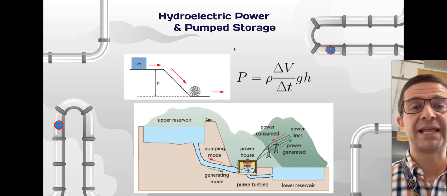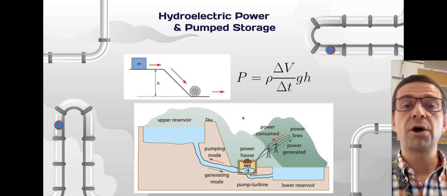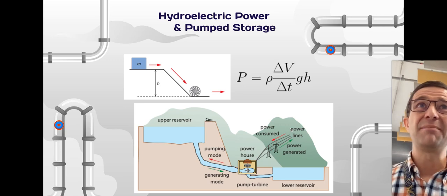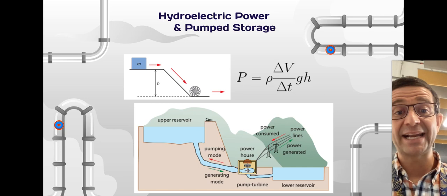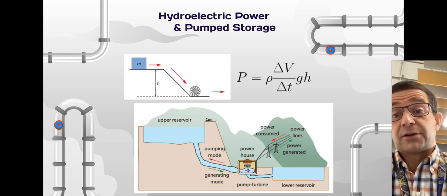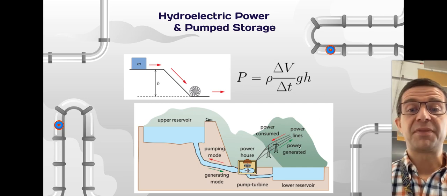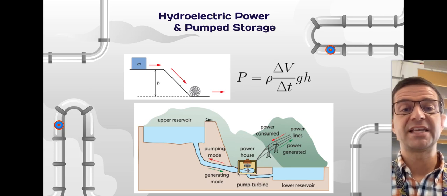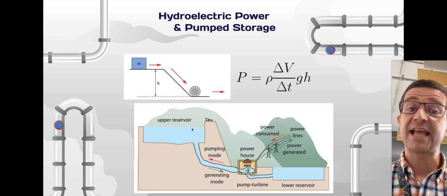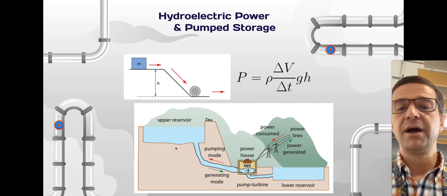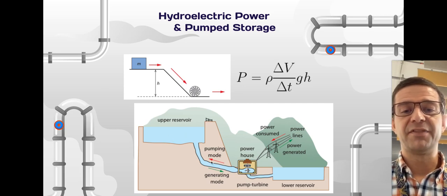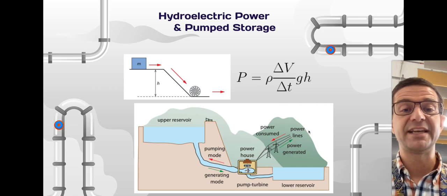In a pumped storage plant, instead of using the water cycle, you use power that's been generated frequently by wind or solar, power sources that are sporadic and not always operable. A solar panel only works during the day. But the power is used to drive the turbines in reverse, filling up the upper reservoir when the sun is out, and then running in the forward mode, the generating mode, at night, when the turbine then produces energy to send out.